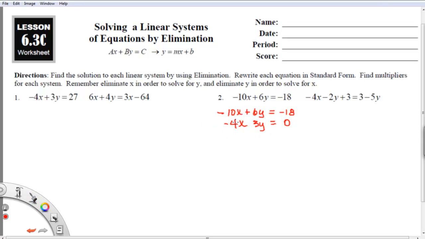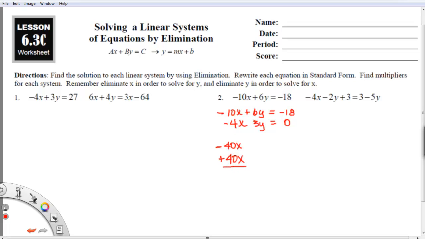Now we want to get rid of the x term so we can find the y. If I take 10 times 4, that equals 40x. We want the coefficients in front of the x term to be identical except for the sign. I usually like to get the top one negative and the bottom one positive.